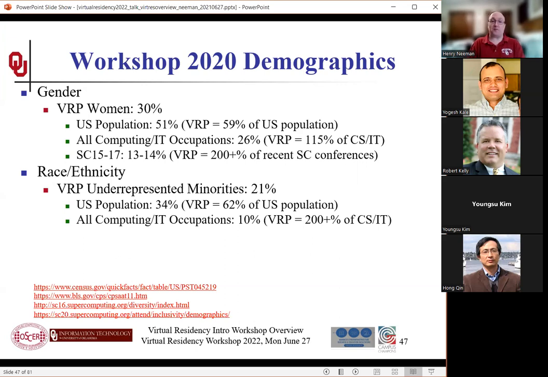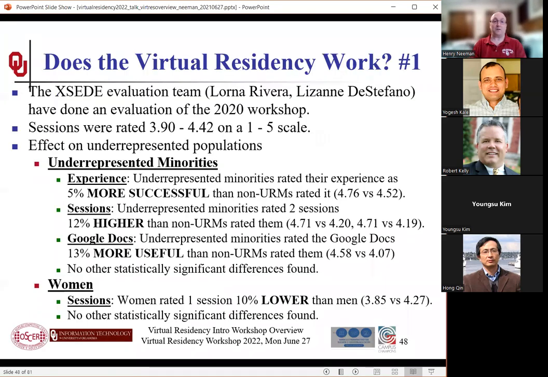In terms of underrepresented minorities, 21%, again, less than the US population as a whole. I can't find any data for the SC conferences by race and ethnicity, but for computing occupations, it's double what all IT and computing occupations are. And we know from experience that research computing is generally worse than all IT occupations, so we can assume it's more than double. Can't prove it, but past experience suggests that's incredibly likely.